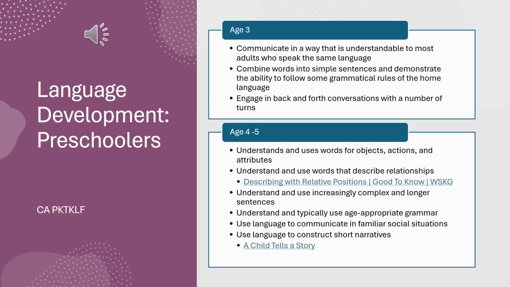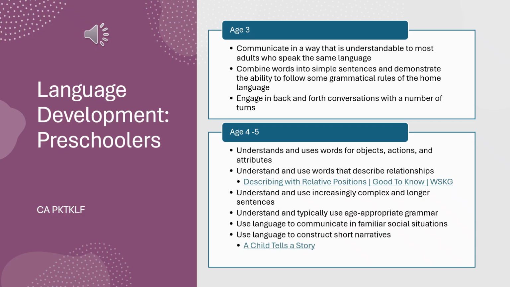So next we have our preschoolers, and the preschool milestones related to language development that I'm going to talk to you about in this slide come from the California Pre-K TK Learning Foundations.